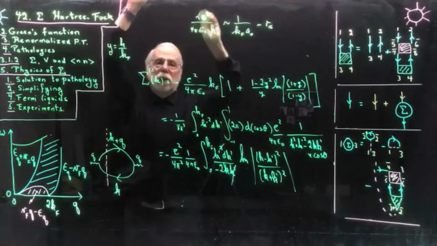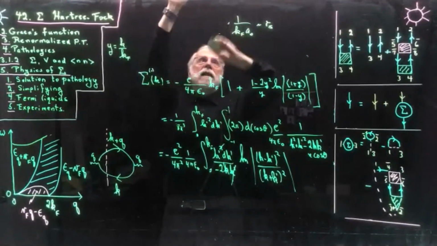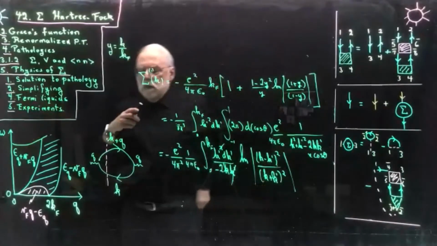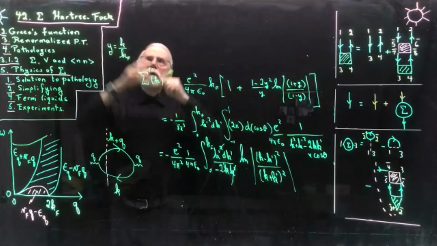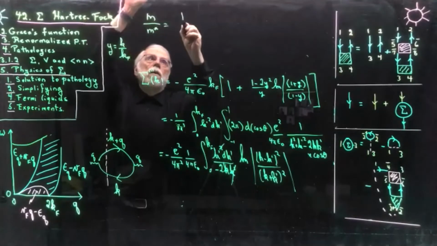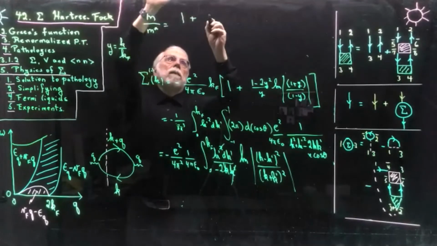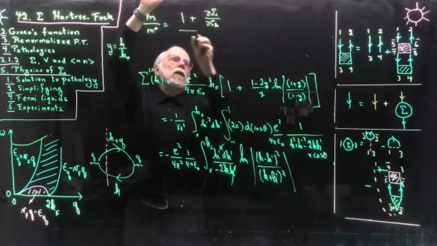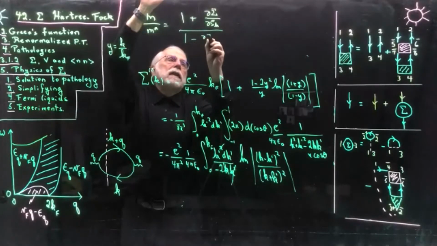But now when we want to compute the effective mass, there we run into problems. The effective mass, m over m star, we said is equal to 1 plus d sigma d zeta k divided by 1 minus d sigma d omega.